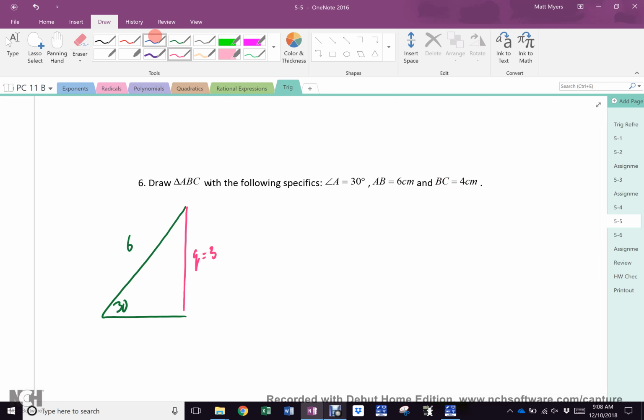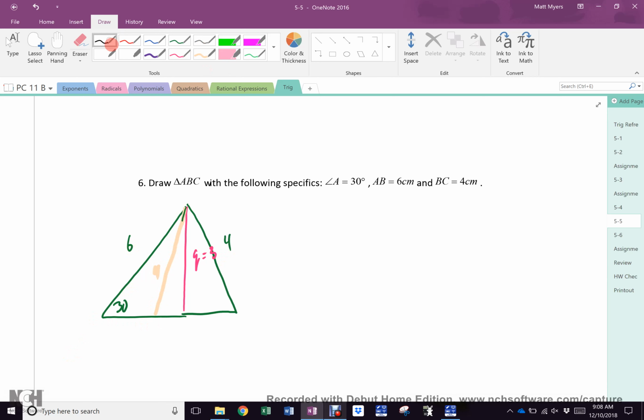So we know that if it's greater than 3, we could go this way, don't we? Because that would make this cool, right? But I could also go this way. Because that 4 is less than 6, yes? If it was greater than 6, it would stick out past and we wouldn't make a triangle.